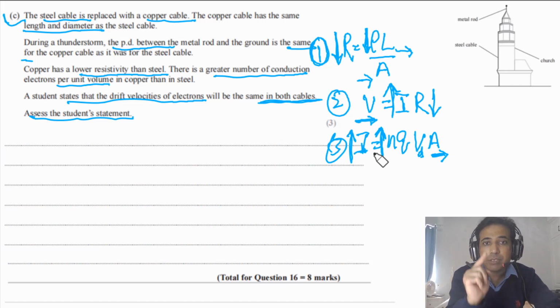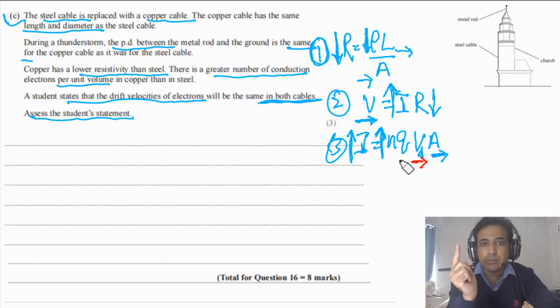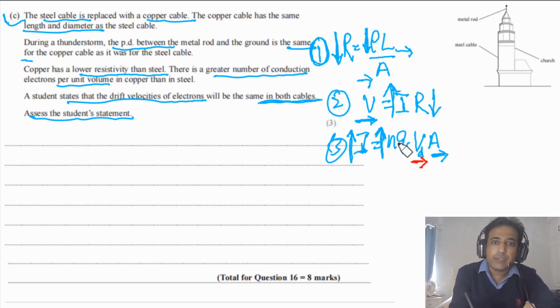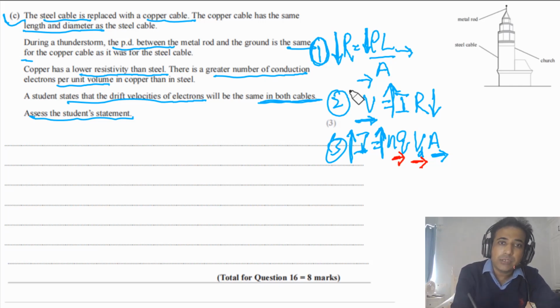If current and n increase by the same amount, then we can say that v will stay the same. But if they increase by different amounts, then v will not be the same. Q, you need to understand, is the charge on a single charge carrier, so this is also constant. So the student might be correct. These 3 points we need to write down to answer this question, and this question has 3 marks.